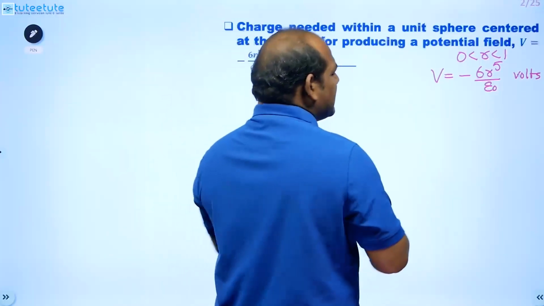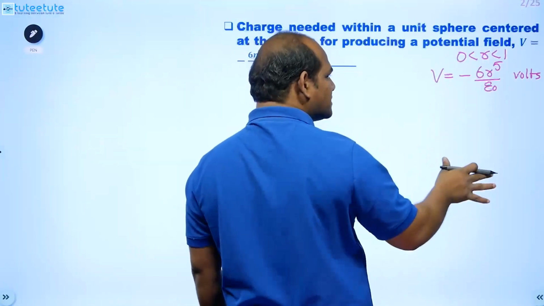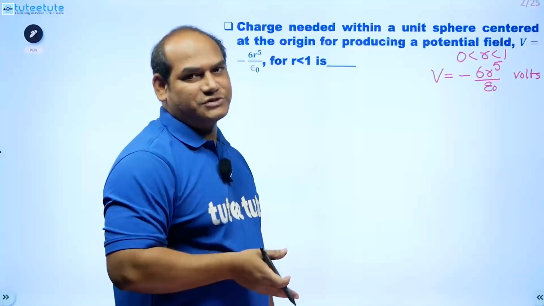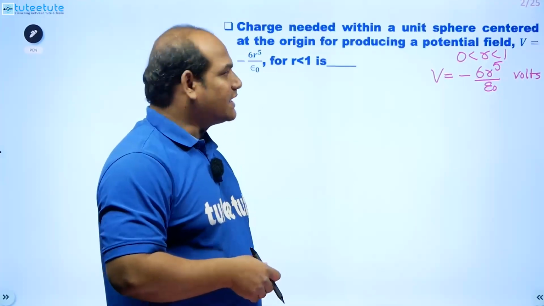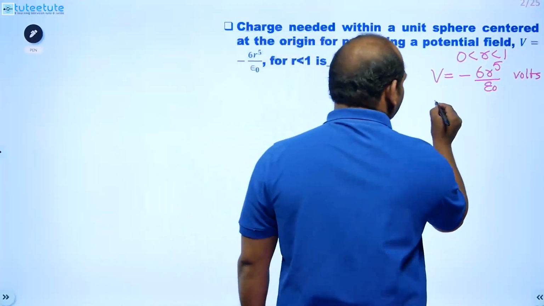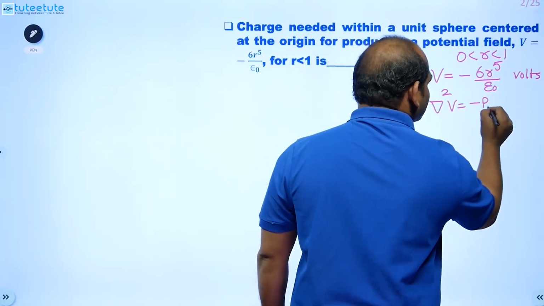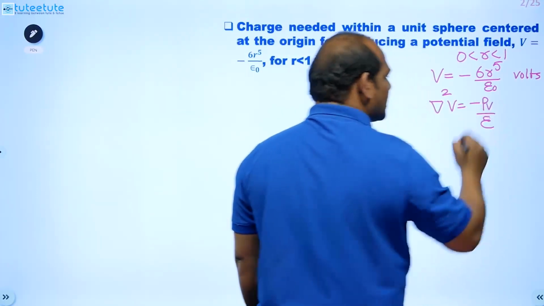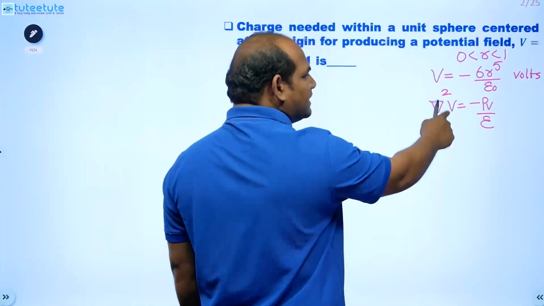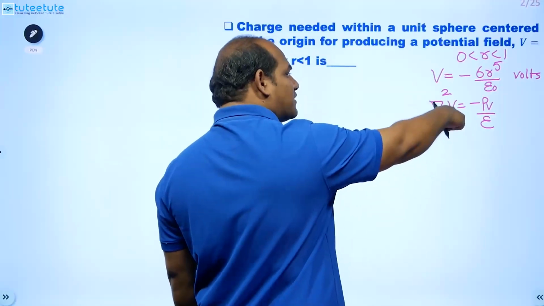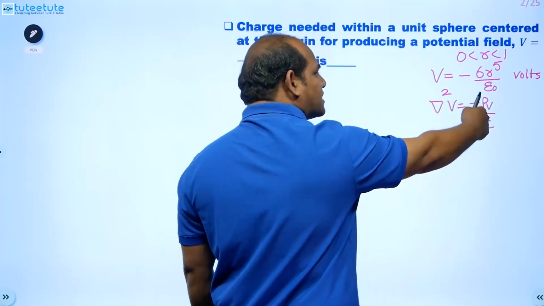For that purpose, when you have the potential, how to get the charge or charge density? Using the Laplacian equation or this Poisson's equation we can get it. The Poisson's equation is: del square V is equal to minus rho V by epsilon. Using this, we have V, so we can perform del square V. Epsilon is anyway constant, so we can get the charge density.